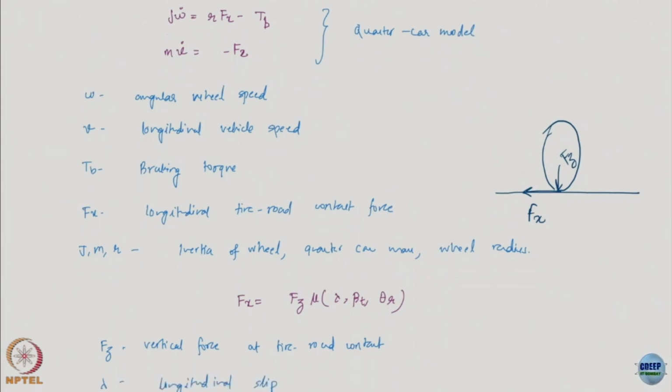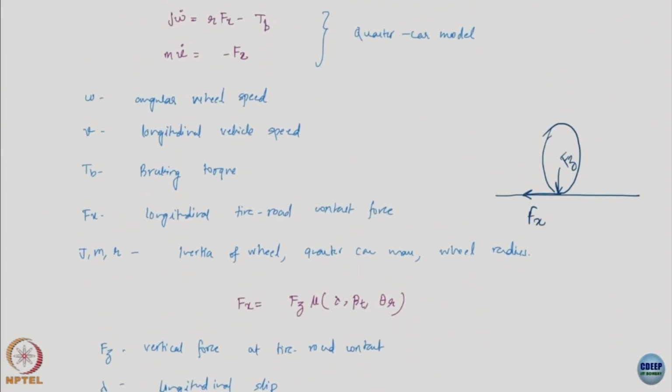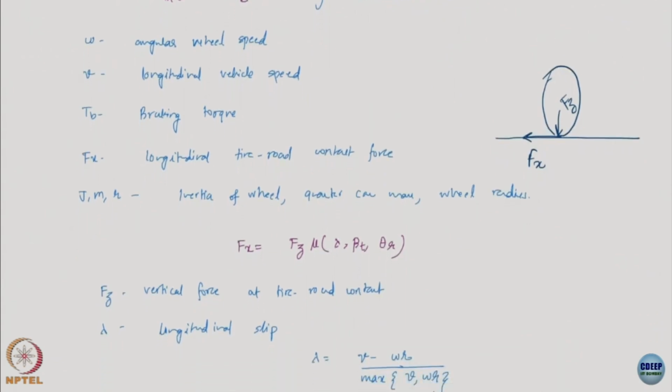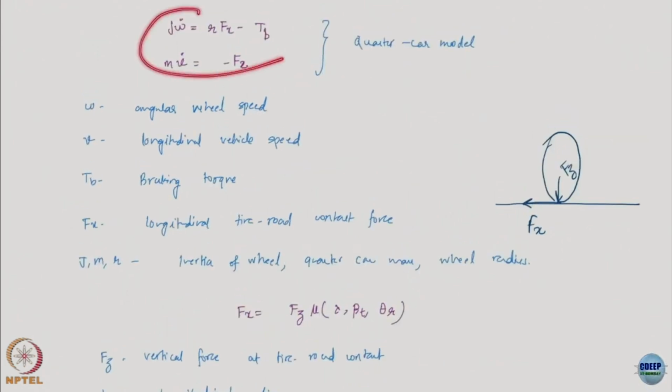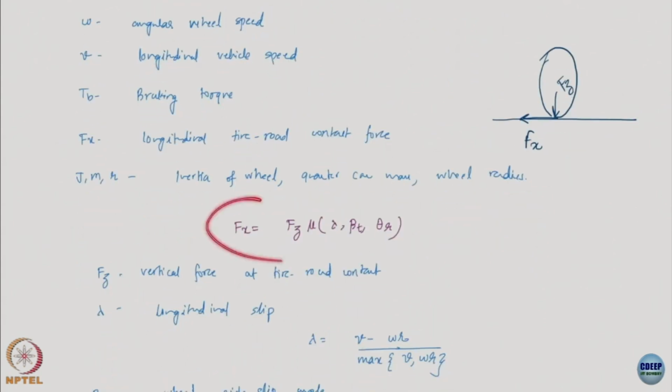And this Fx itself, as you know, always depends on the normal force, so it's basically the normal force multiplied by some coefficient. You can see that there is actually no nonlinearity here. It doesn't look like there is any nonlinearity here. The nonlinearity actually enters here.